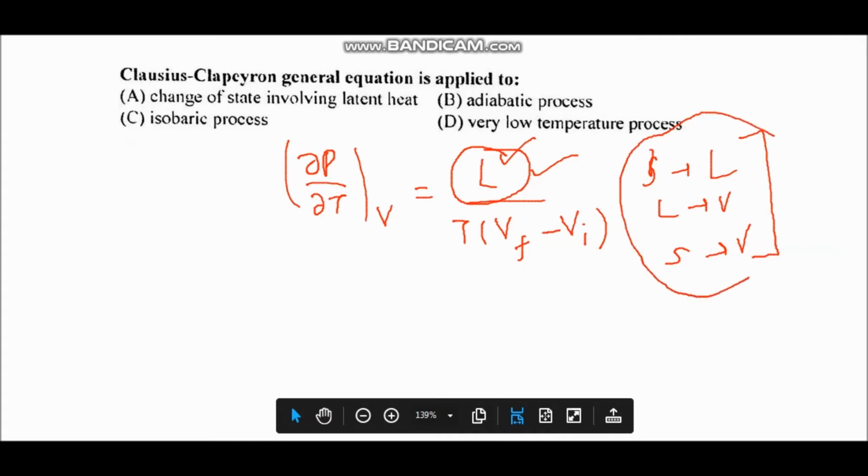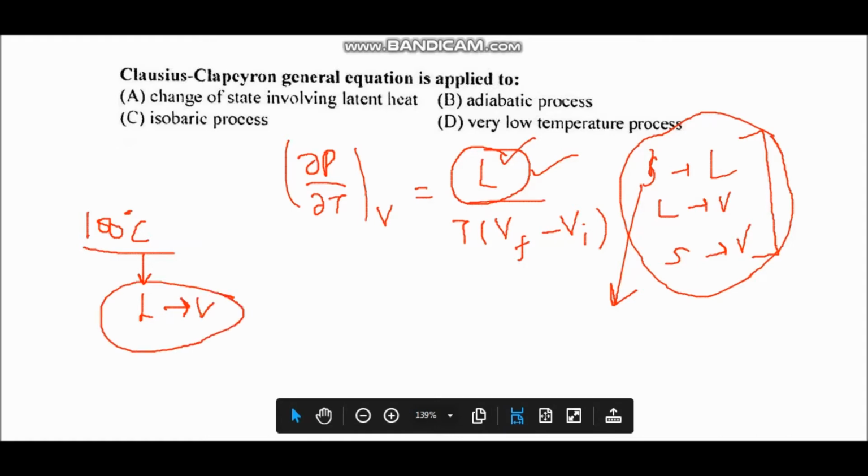So latent heat is the extra heat that is required when the state of matter changes from one phase to another. For example, water boils at 100 degrees Celsius, and at 100 degrees Celsius, when water, or we can say liquid, changes into gas, into vapors, the extra heat required for this change of state is latent heat.